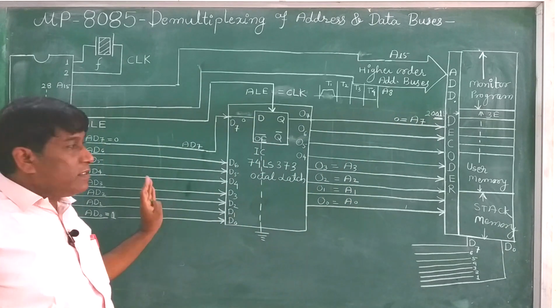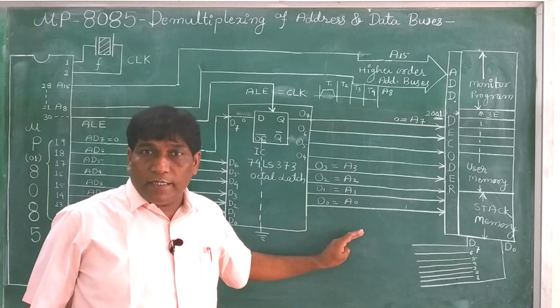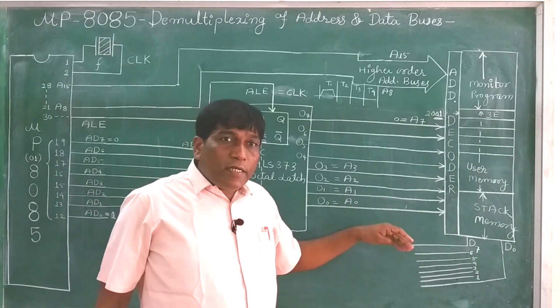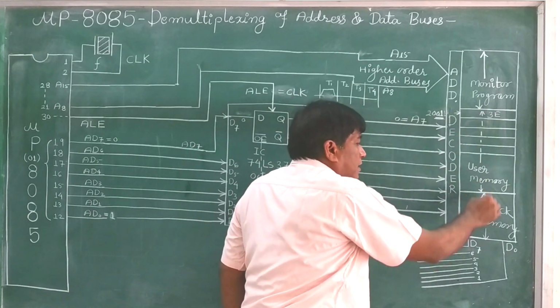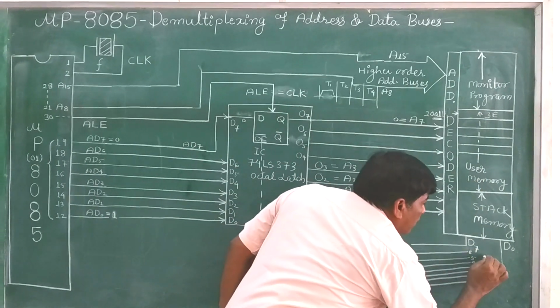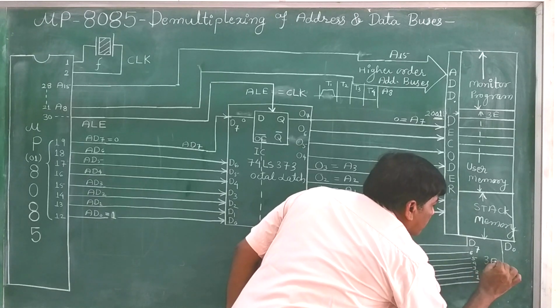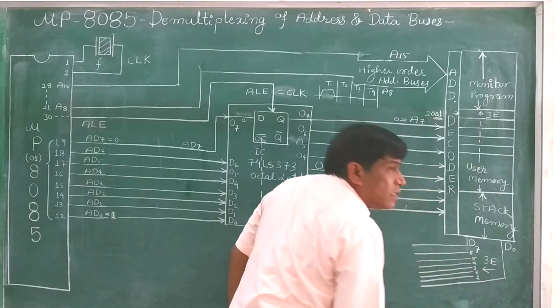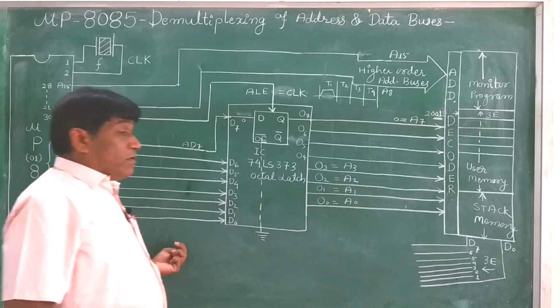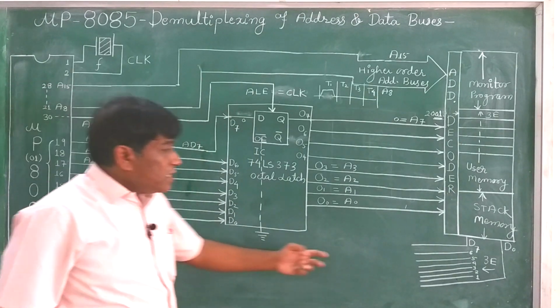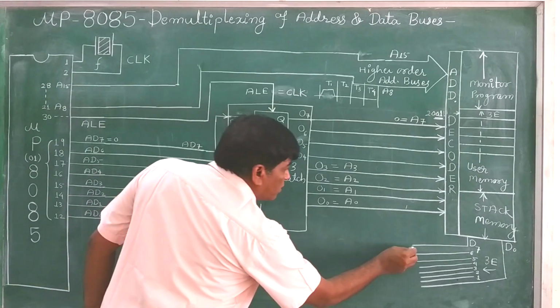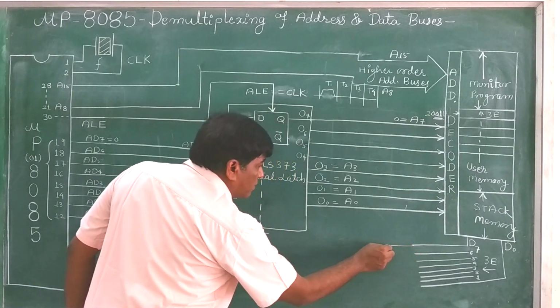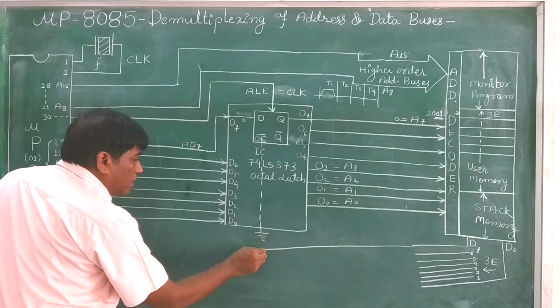This address is separated out during T1 time, and during T2 and T3 the data content, 3E in our case, will be transferred in this direction through the same buses. This means the data bus connection must be here.